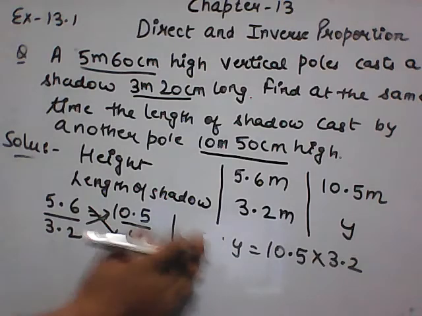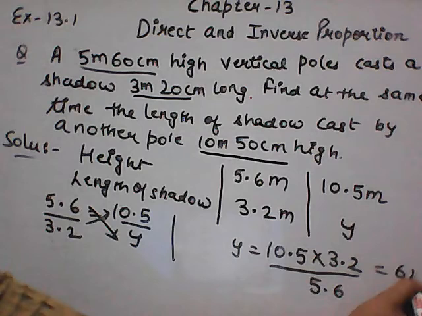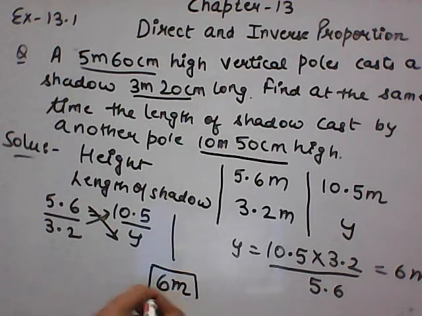When it goes to the right hand side, it becomes the divisor. Divided by 5.6. Now you can solve it and it gives 6 meter. Now the 10 meter 50 centimeter pole casts a shadow of 6 meter. In this way you can solve questions related to direct proportion. Thank you.